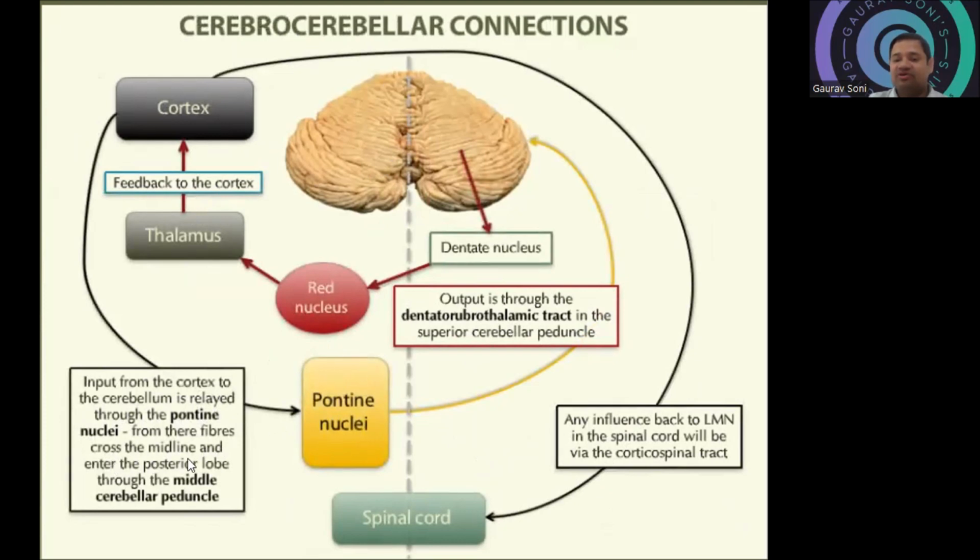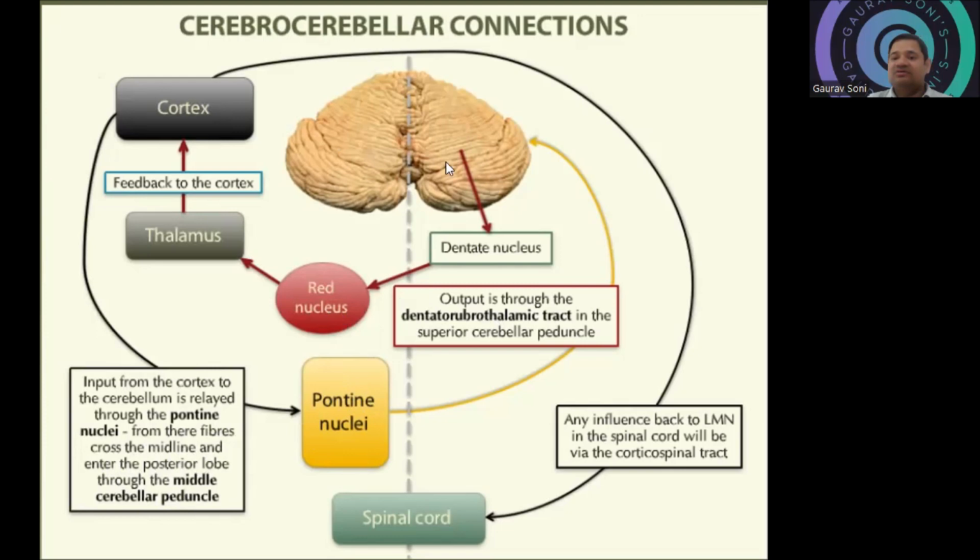From there, the fibers cross the midline and enter the posterior lobe through the middle cerebellar peduncle. You can cross-check this information by going back. First of all, this crosses the midline and enters the posterior lobe through the middle cerebellar peduncle. This is the role of pontine nuclei.